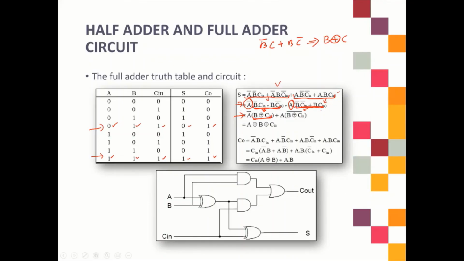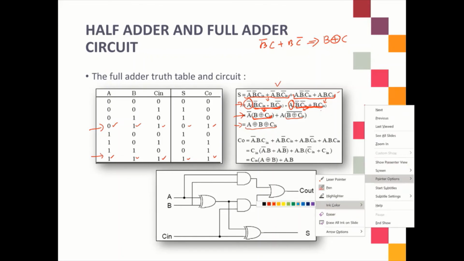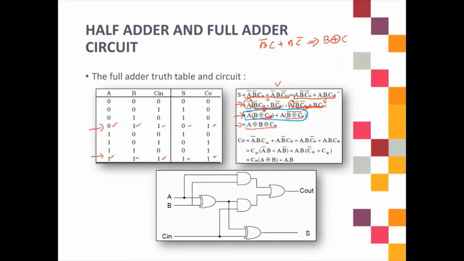And the last one, how can you get this equation? For the last equation, it's based on the previous one. If you refer to this one, the whole equation follows the rules of XOR.